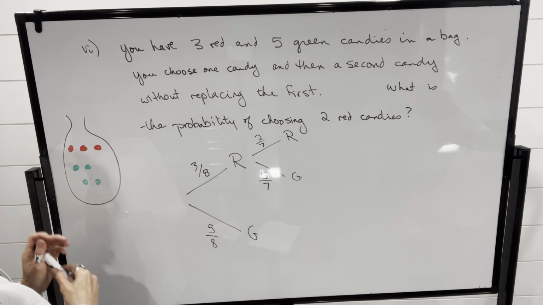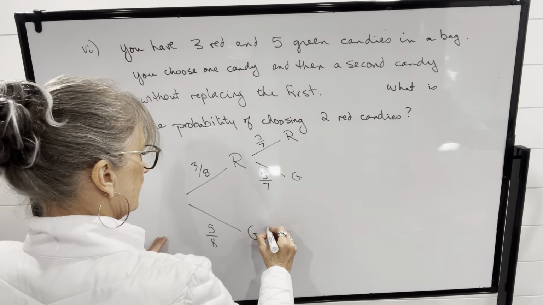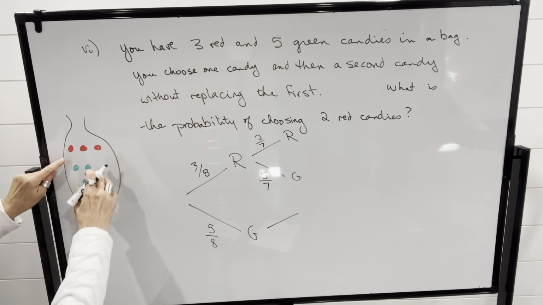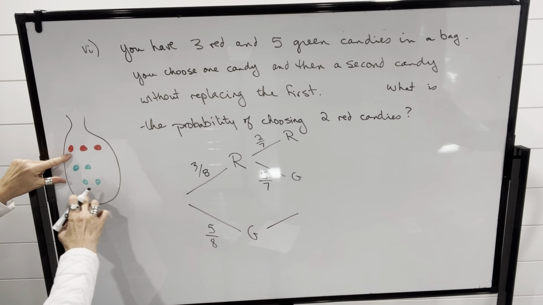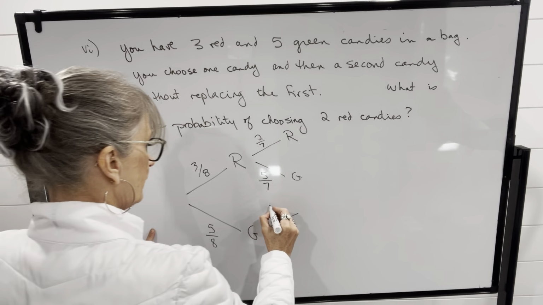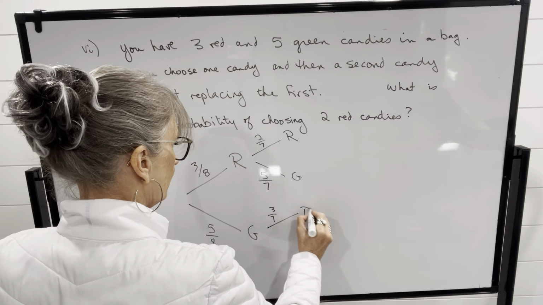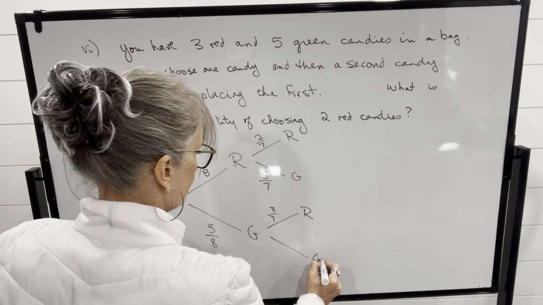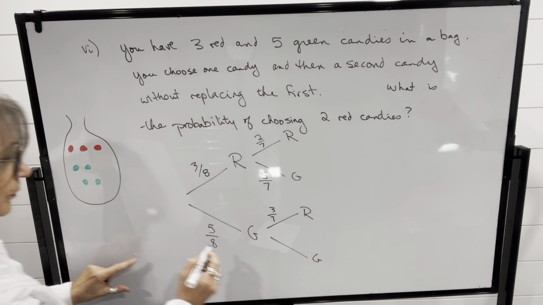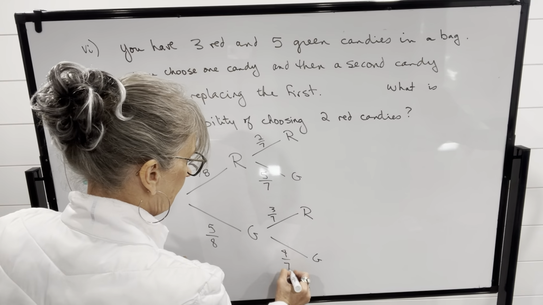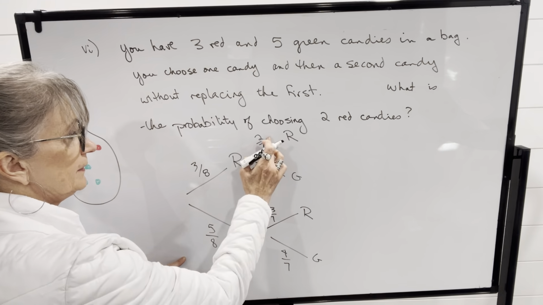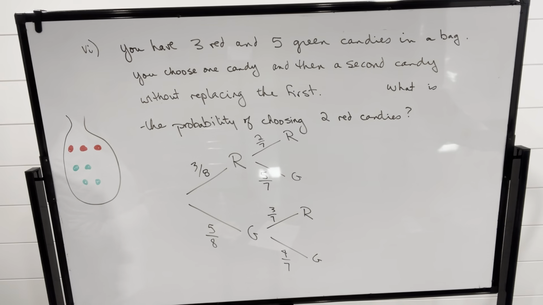Then I'm left with these 7 candies. So my second choice, the probability of choosing a red out of these 7 will be 3 out of 7 for red. And for choosing a green, the probability would be 4 out of 7. Again, these 2 probabilities add up to 1. These 2 probabilities add up to 1.